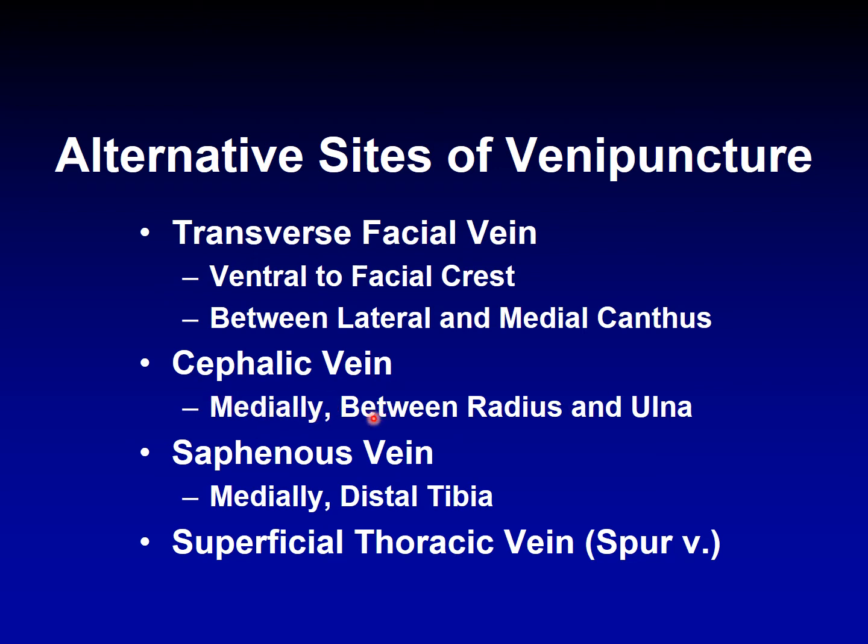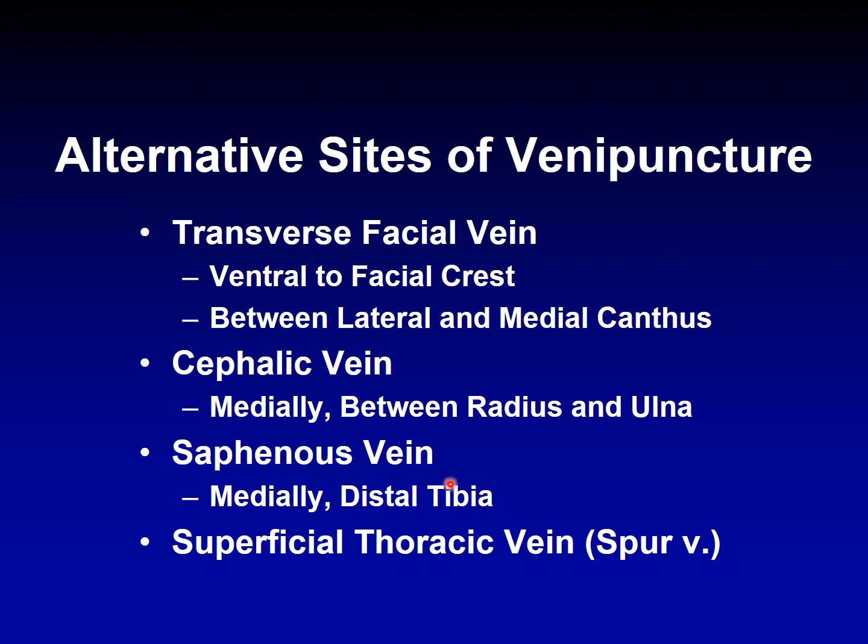The cephalic vein between the radius and the ulna, you can see it. It's pretty large and easily accessible. Same thing with the saphenous vein. We'll talk about it when we talk about the hind limb. It's also medially on the distal tibia, and also you can see it pretty clearly. It's as big as your thumb.